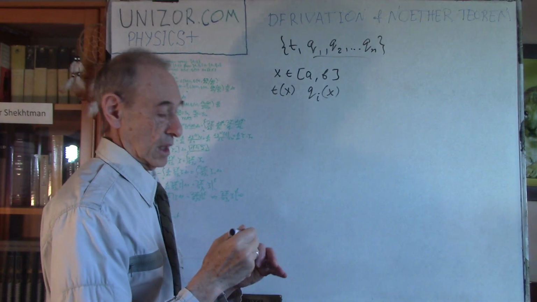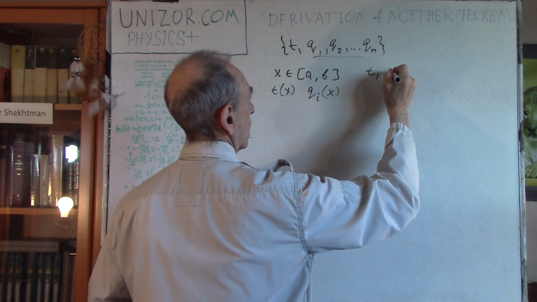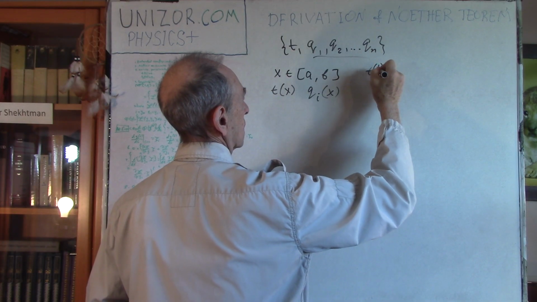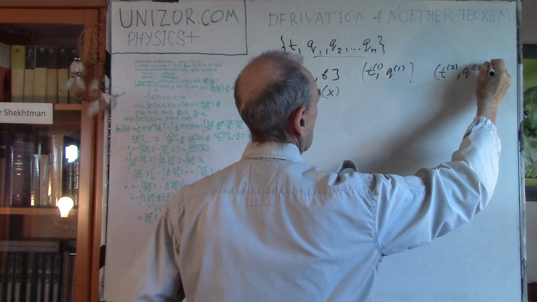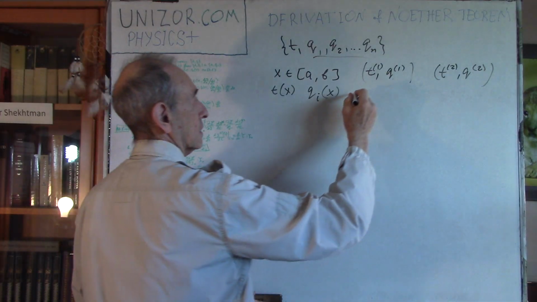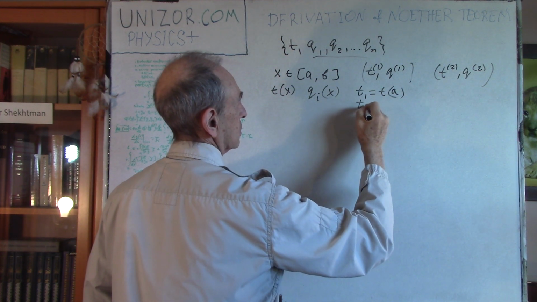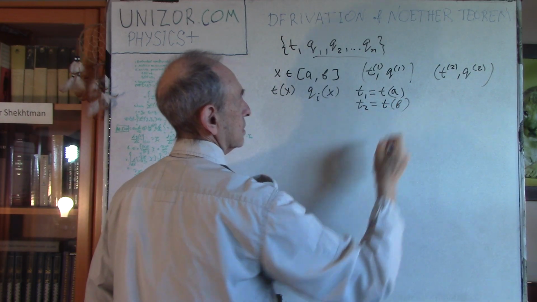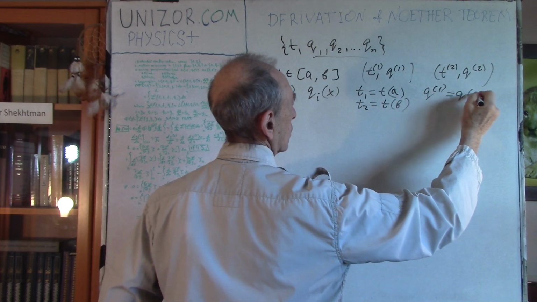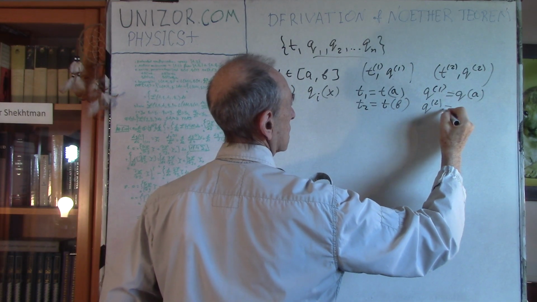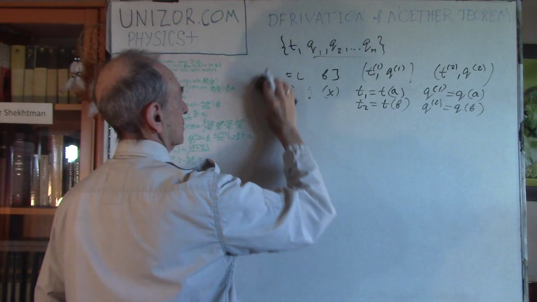So if a physical object moves from point T1, Q1 to point T2, Q2, then T1 is T of A and T2 is T of B, and correspondingly Q1 is Q of A and Q2 is Q of B, the beginning and the end of the curve. Okay, fine.